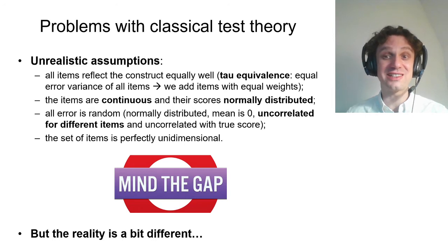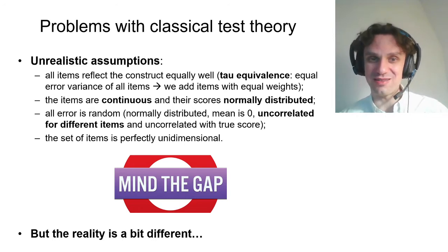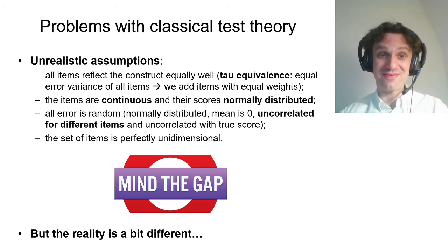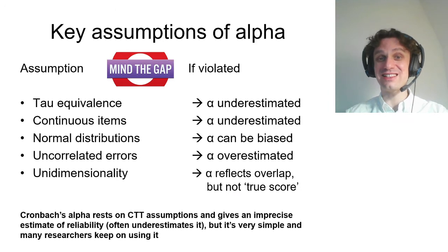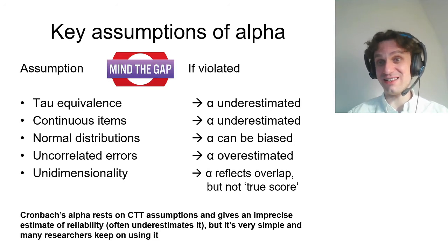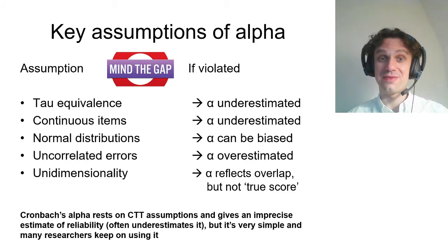And also Cronbach's alpha, when it's based on correlation, it assumes continuous normally distributed items. So essentially, what happens when these assumptions are violated? Most often, alpha is underestimated. So if your items have very different factor loadings, your alpha will be low.